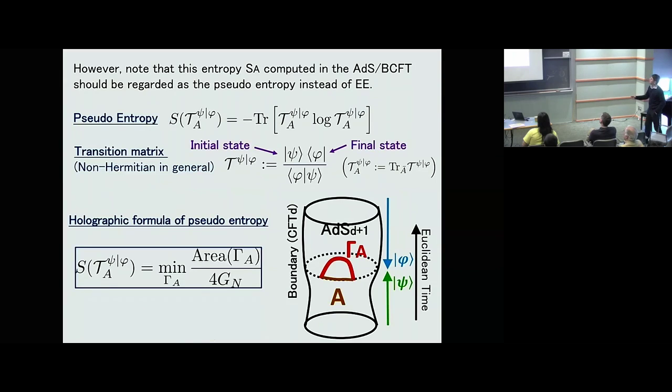Tau is no longer Hermitian, so in general this quantity becomes complex, but in this setup it's real valued. But we have some transition. To get a transition, I think we have to take these two states to be different. And then we end up with this one. But this still has a nice holographic formula. If we take some Euclidean time-dependent background, then this two-state bra and ket are different. So the minimal surface actually gives not entanglement entropy, but this should end.